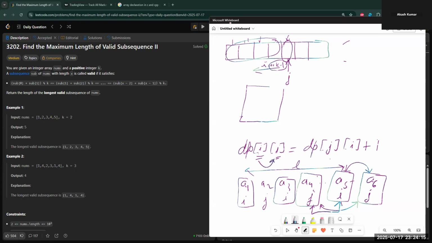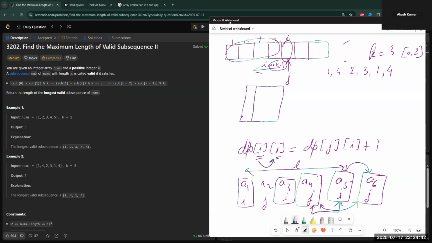Let me explain this with an example. Let's take the second example in the given sample test cases. Here k is equal to 3, so after modulus, the values will be in the range of 0 to 2.